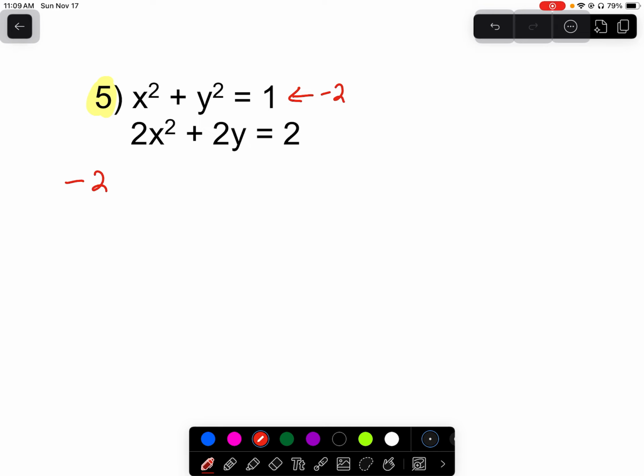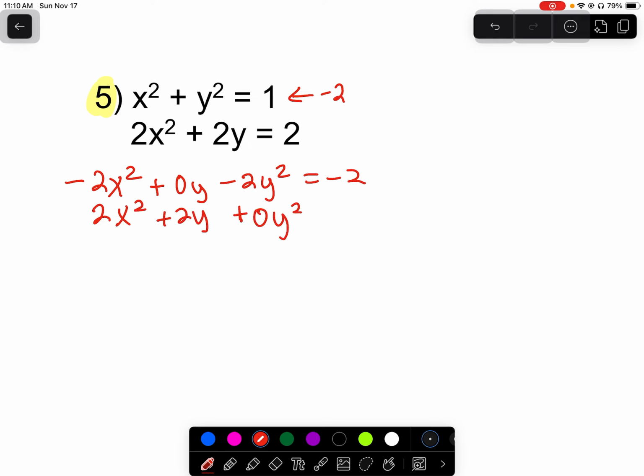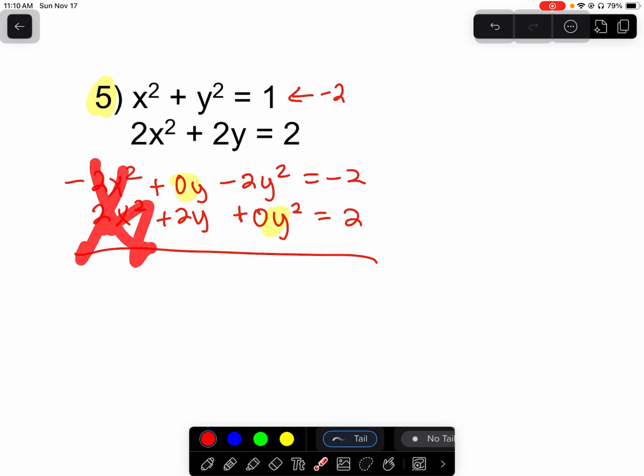I'm going to get negative 2x squared plus no y's. I'll show you in a minute why I put that there. Minus 2y squared equals negative 2. And then 2x squared plus 2y, plus this one doesn't have any y squareds. And you don't really have to put these, but it's helpful so that you try to add the correct like terms together. So I have eliminated my x's from the problem.